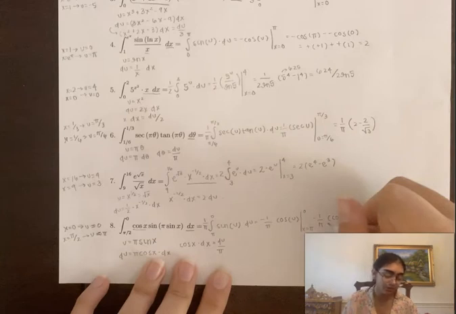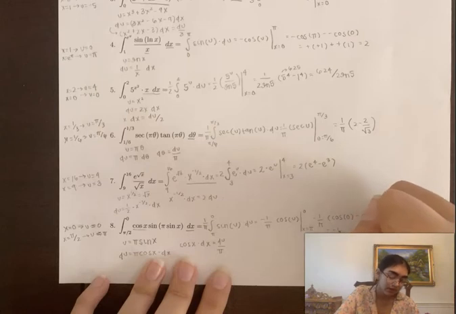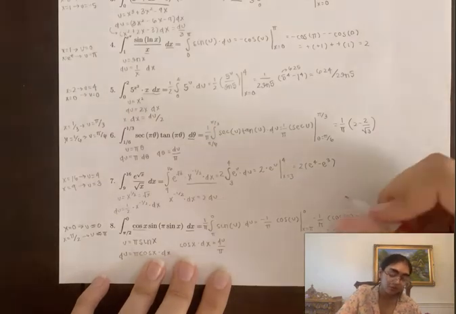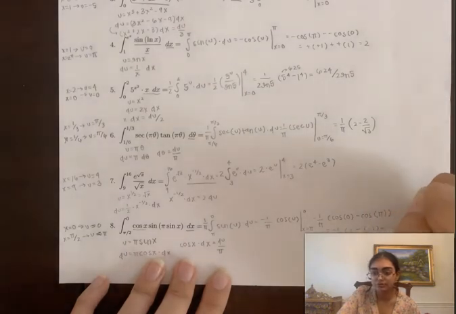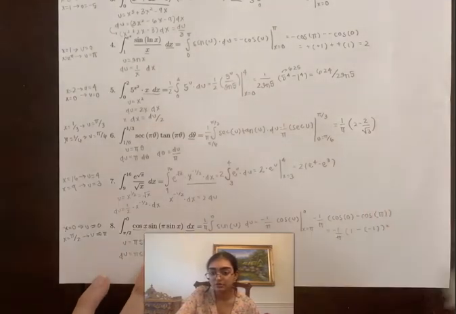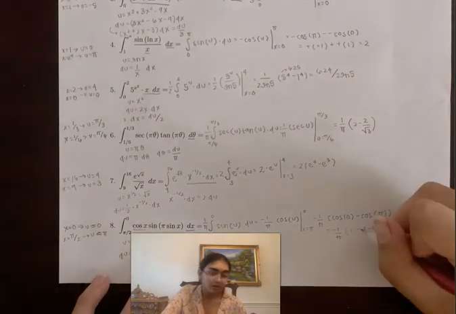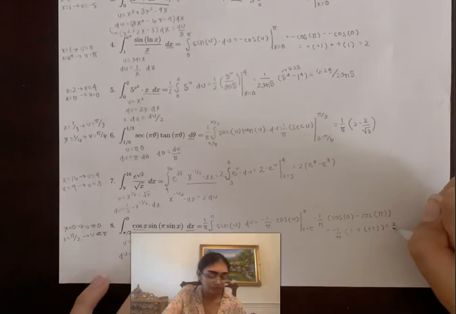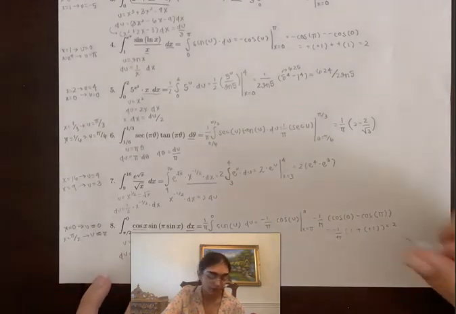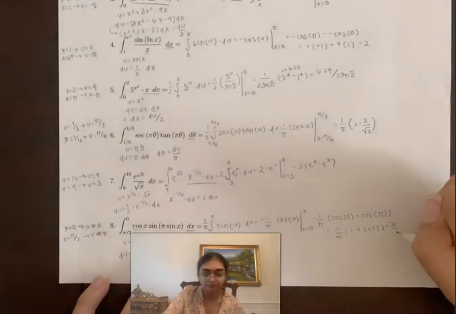Cosine of 0 is 1, and cosine of pi is negative 1. So we're going to get negative 1 over pi times 1 minus negative 1, which is just equal to 2. And that's just going to equal negative 2 over pi. And that's our final answer.